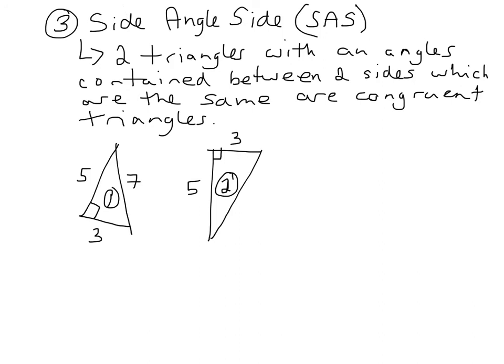I can say for sure these two triangles are congruent because I have side, contained angle, and another side that are the same. Okay. So I can say using side, angle, side, triangle 1 and triangle 2 are congruent.